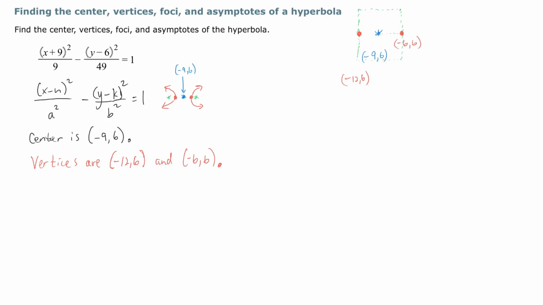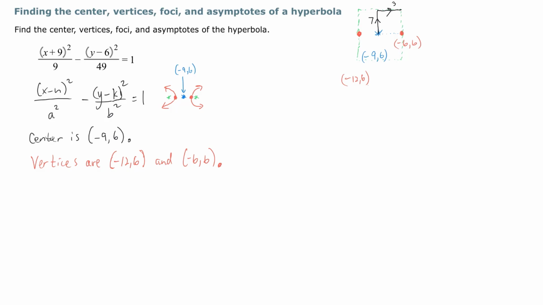Well, we need to go, what? 4 units. I'm sorry, we need to go 7 units up. So from here to here, it's 7 units up. And from here to here, this is 3 units this way.